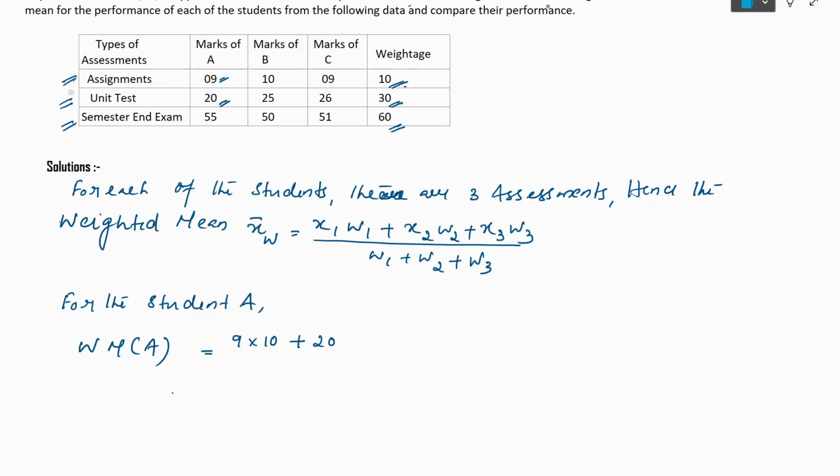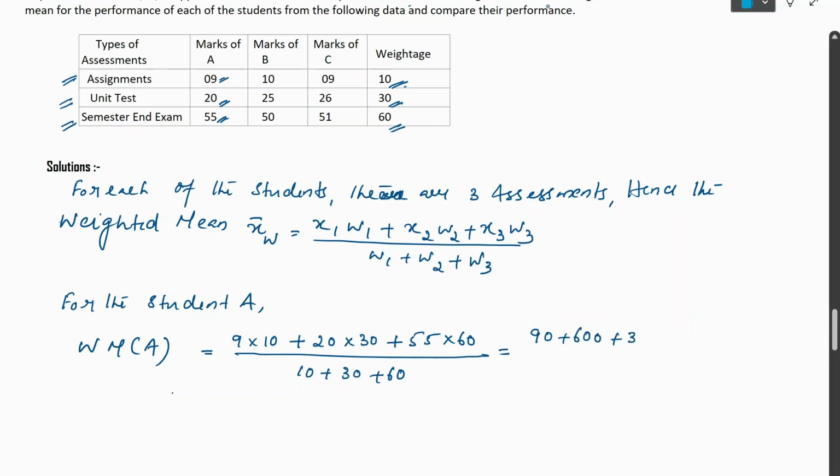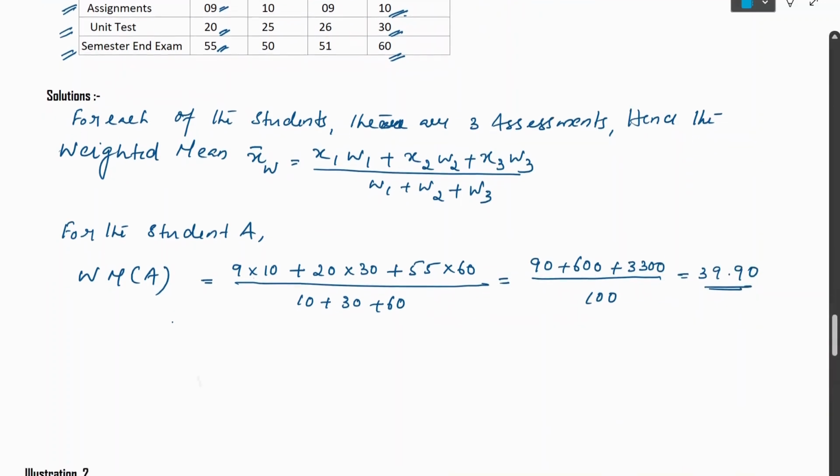And here, 20 into 30 plus semester end examination, that is 55 into 60 whole divided by 10 plus weightages we are adding 30 plus 60. Now calculate separately and write the answer, that is 90 plus 600 plus 3300 whole divided by, what is the denominator? That is 100. The answer you are getting is 39.90. This is the weighted mean of the marks of student A.